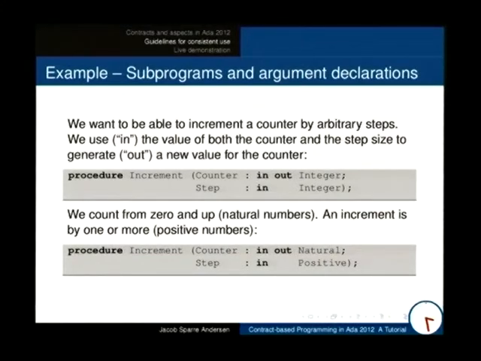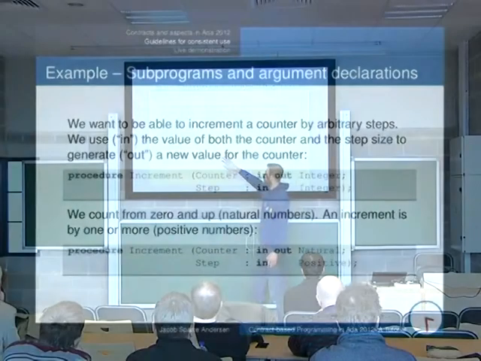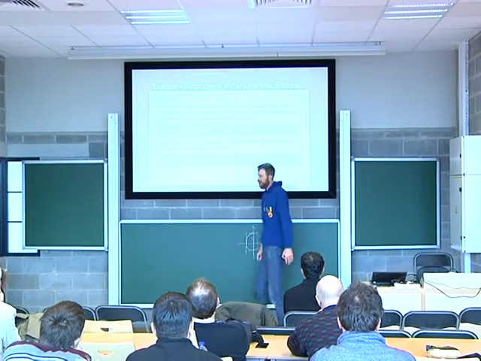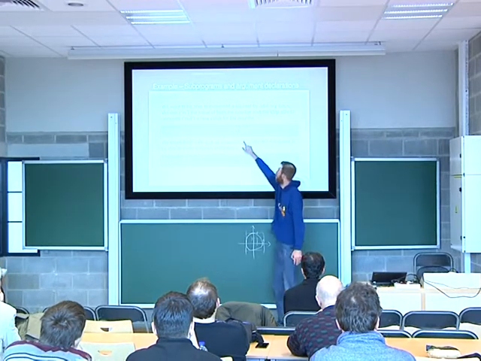In my example here, that's nice, simple, and the compiler should probably be able to figure it out. It's an example of increment. A procedure to increment the counter. The counter has to be incremented, so it first has to go in, be modified, go out again, and we say we want to do it with arbitrary steps, so that's something that just has to go in.